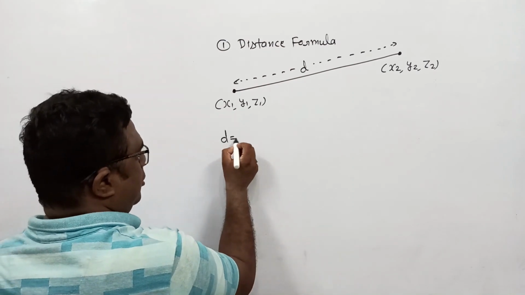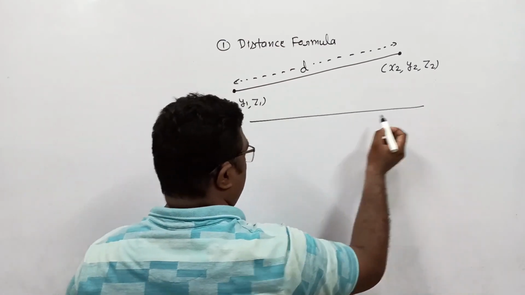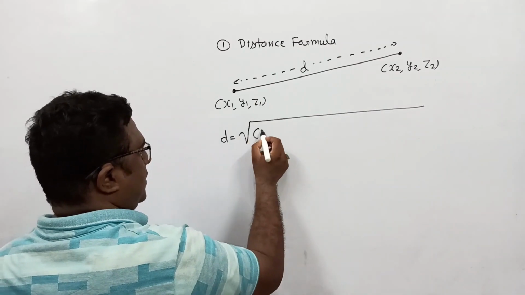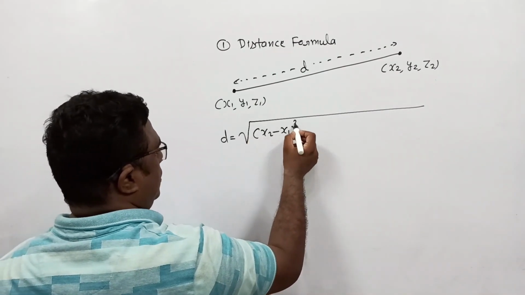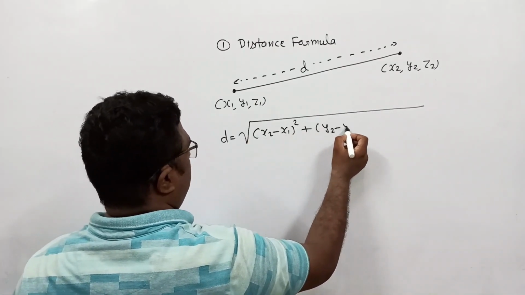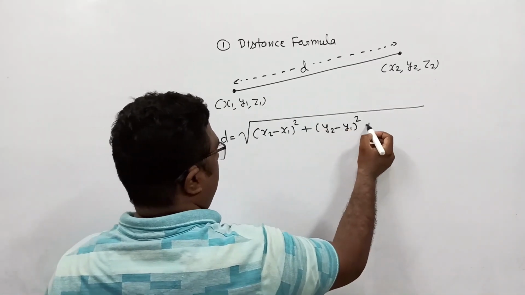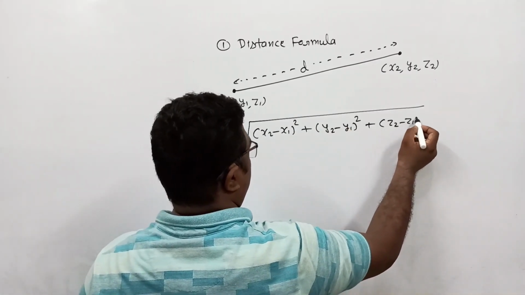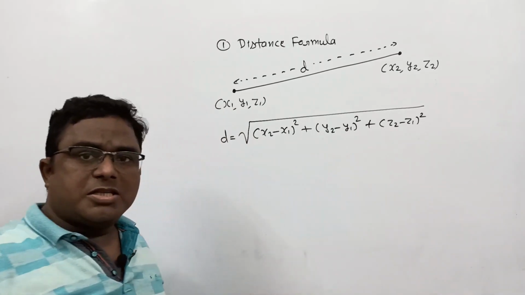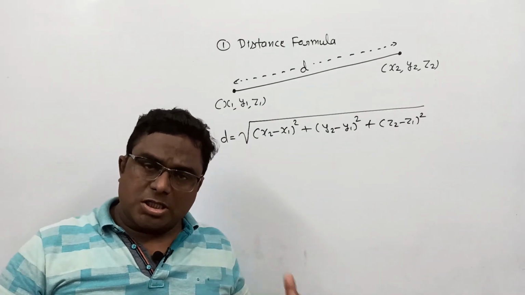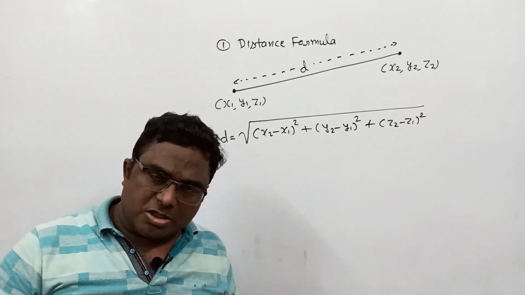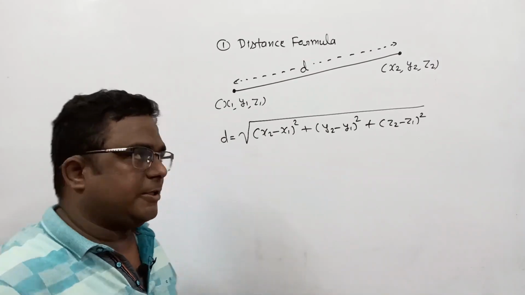Then the distance formula is d is equal to square root of (x2 minus x1) whole square plus (y2 minus y1) whole square plus (z2 minus z1) whole square. This formula is very similar to the distance formula which we have studied in two-dimensional geometry.